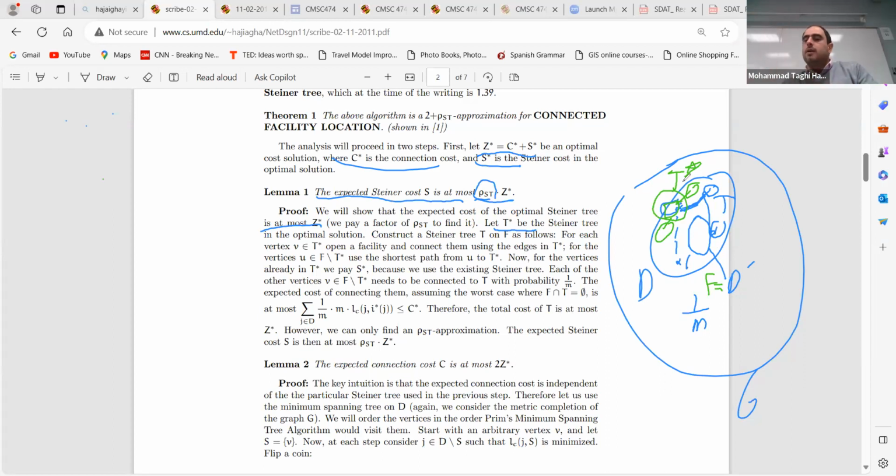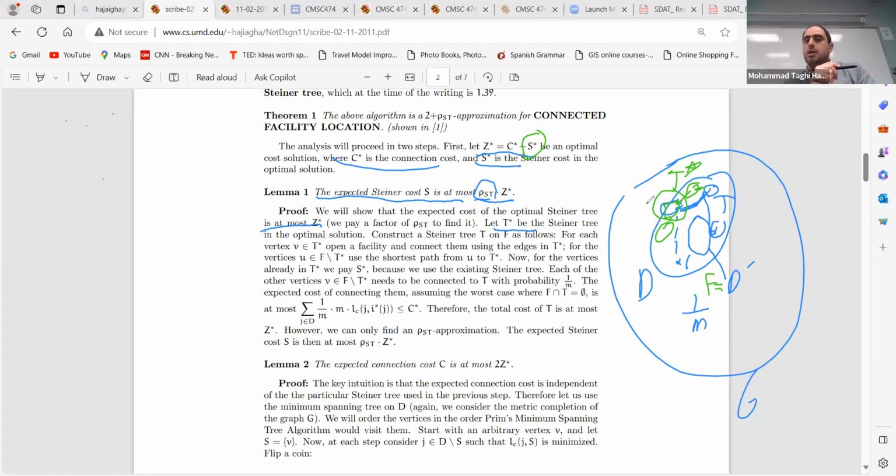Then for any other vertex which is not here, for example this vertex, I just connect it to the closest vertex here and buy this path. So I buy T star, and I pay S star for that. Then for all others, I consider the shortest path from that guy to this tree, and I just buy that.